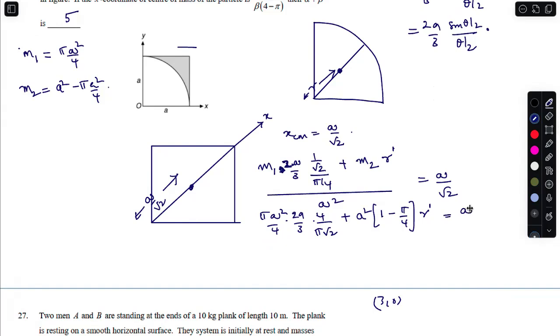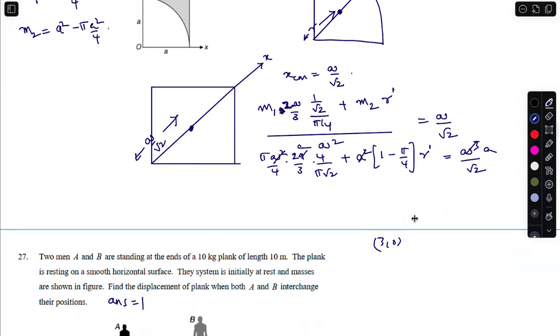This is equal to a cube by root 2. Now, solving which, pi cancels, 4 cancels. Just solve it, you'll get R dash. From R dash, R dash by root 2 is your answer.